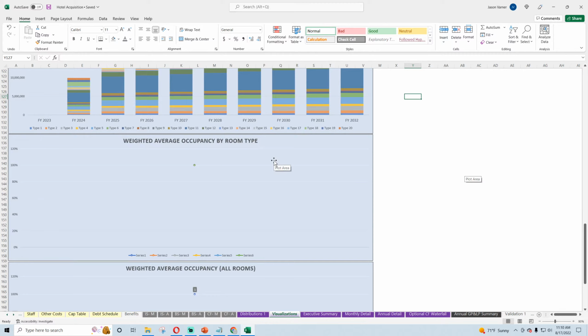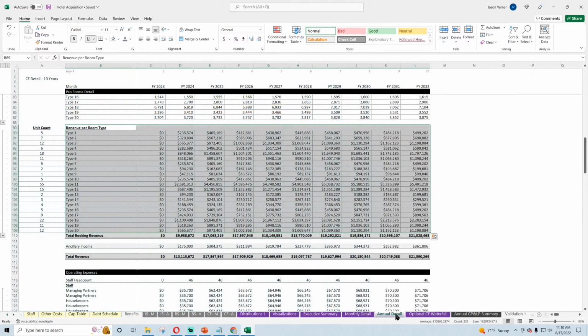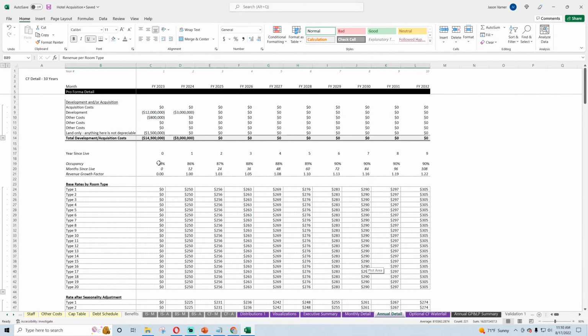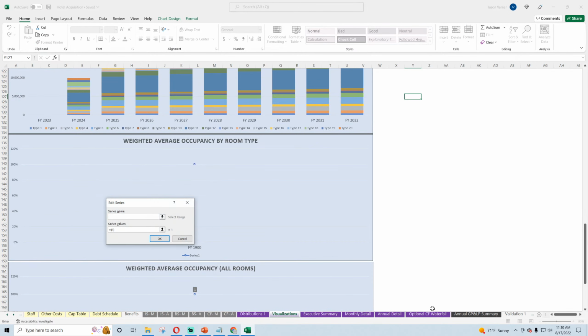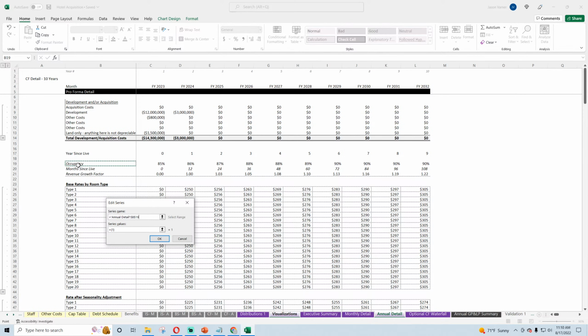Now, weighted average occupancy, we don't have, but we do have a total occupancy that we can put in here. So we'll clear this. Average occupancy, definitely a good one to have.